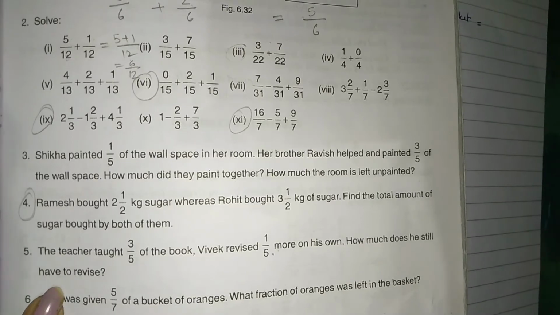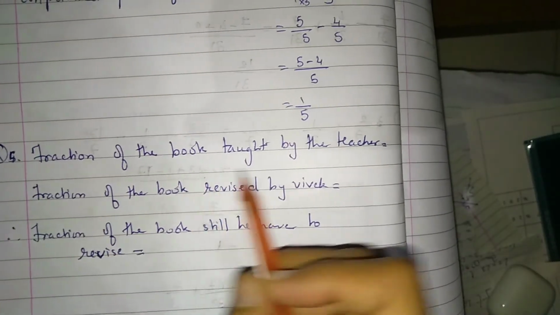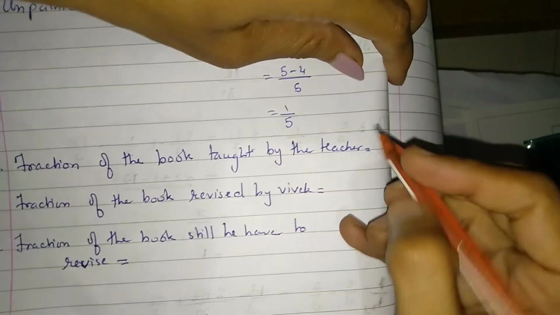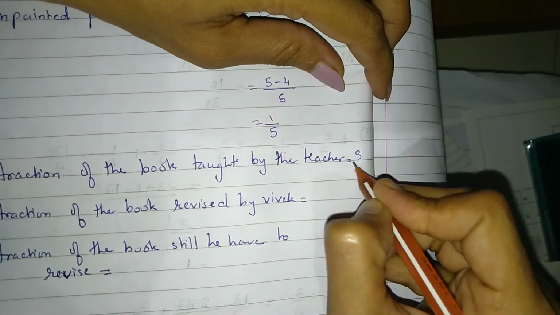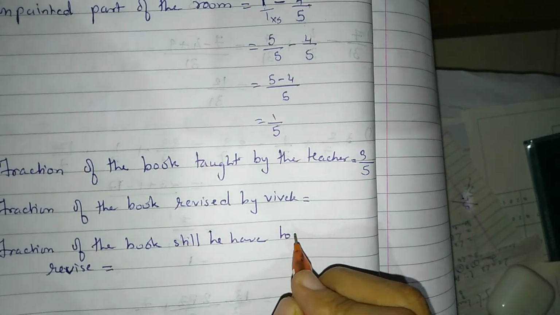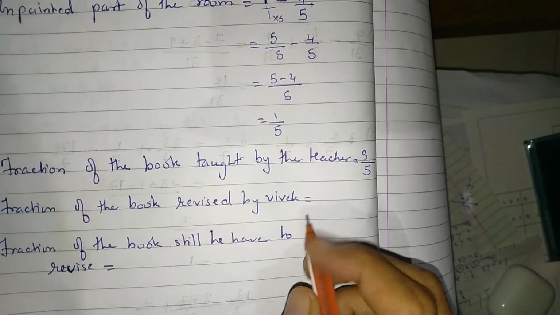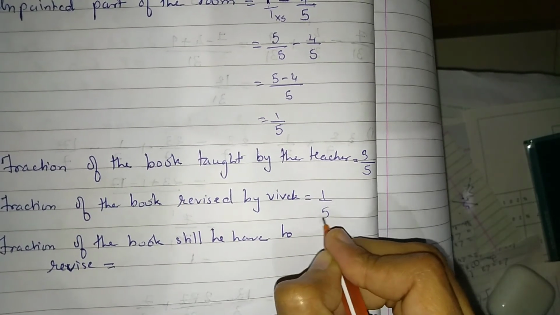So let us do it. Fraction of the book taught by the teacher is 3 by 5, and fraction of the book revised by Vivek is 1 by 5.